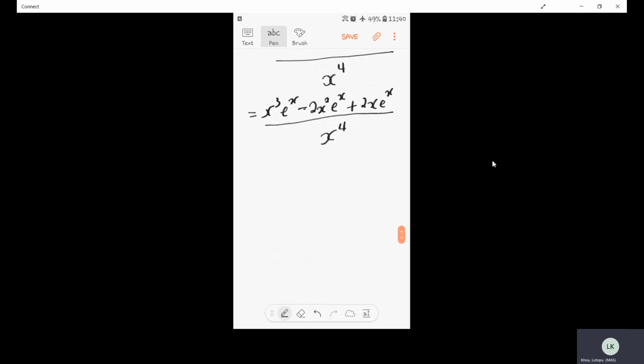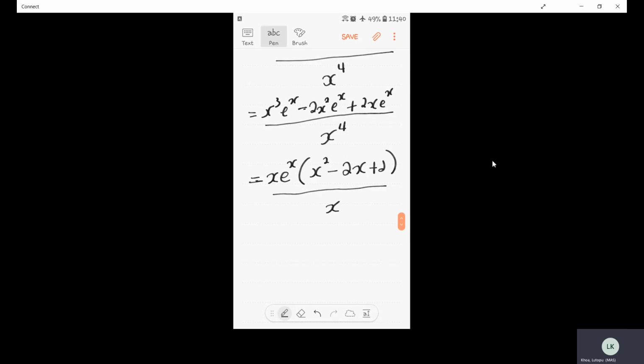And then what I have is this, or I can factor out x e to the power of x. So I have x e to the power of x. I am left with x squared minus 2x, and then plus 2.